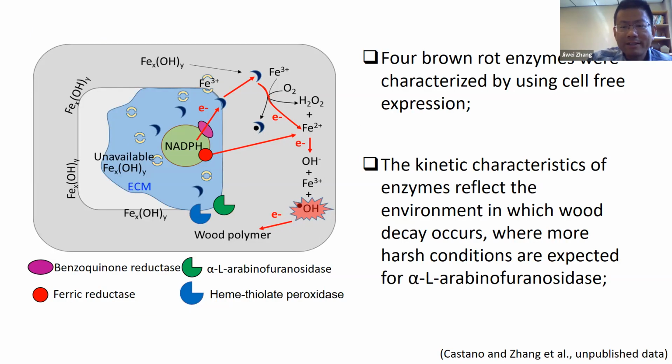So by using the cell-free system, we characterized four enzymes that are important to the brown rot process, and we also found their characteristics. Importantly, we found the evolution of the hydrolases evolved towards making enzymes more ROS tolerant.